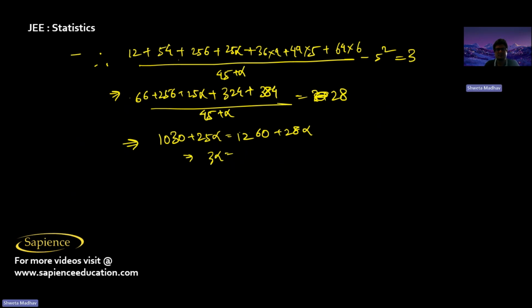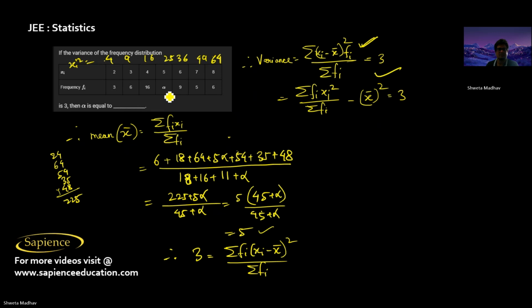6 plus 18 plus 64 plus 54 plus 35 plus 48, that is 225 plus 5 alpha, and this is 45 plus alpha. 5 into 5 plus 20, is it 35?